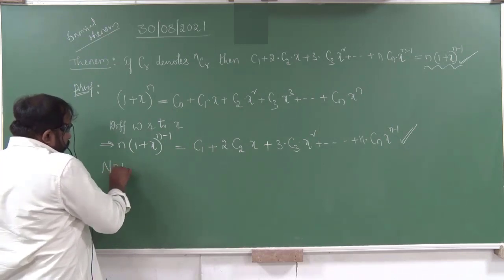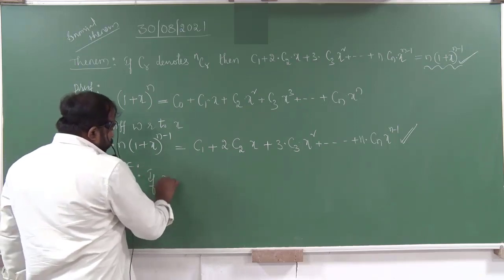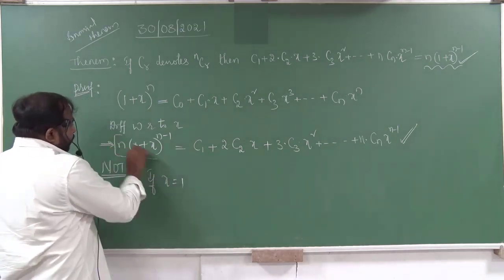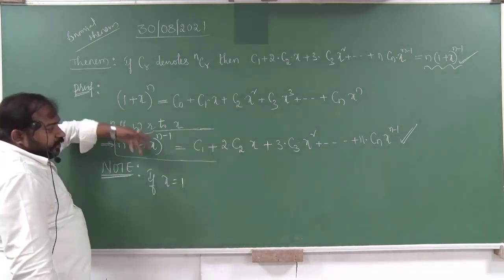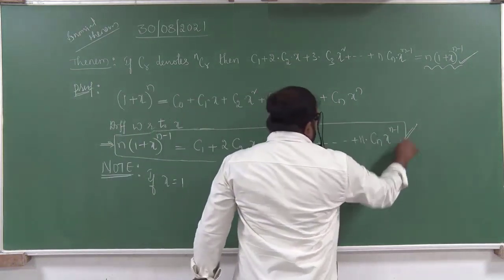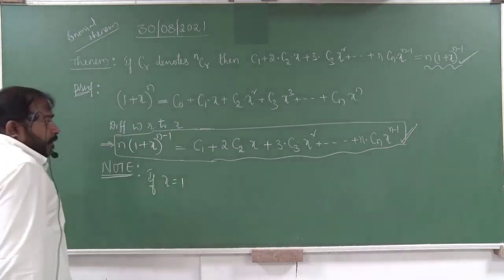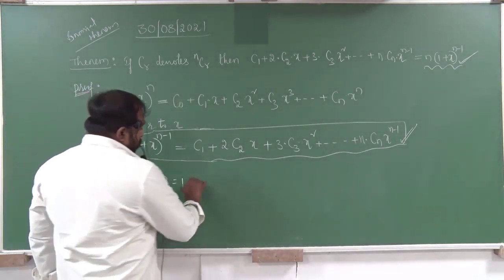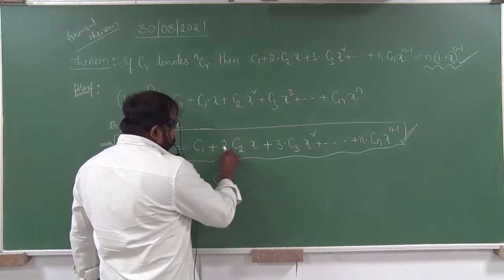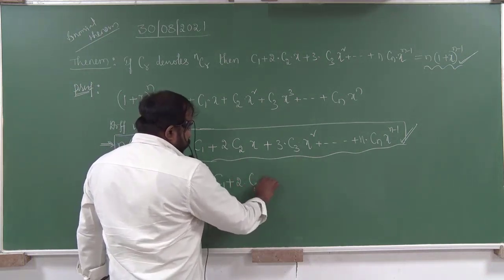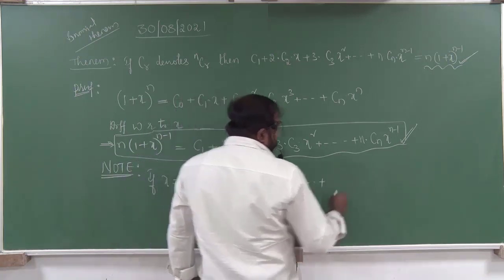For example, one note, I will explain to you. If x is equal to 1, this is the formula we derived already by differentiating. So in this expression, if I replace x equal to 1, what can I get? Here it is C1 only now, C1 plus 2 into C2 plus 3 into C3 plus, up to so on.